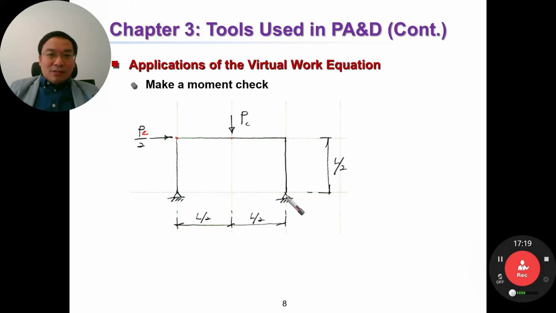Remember, the dimension of the column is L divided by 2, and the length of the beam is L, and the load is the middle. So let's say here's A, and maybe B, and C, and D, something.